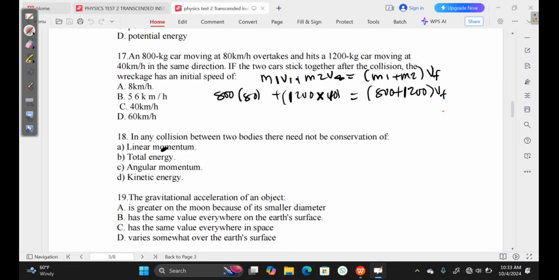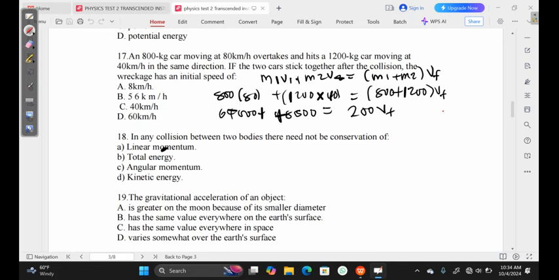So if we do the math, we'll find that 800 times 80 is 64,000, plus 1200 times 40, which is 48,000. Then there I add 800 plus 1200, 2,000, times that.